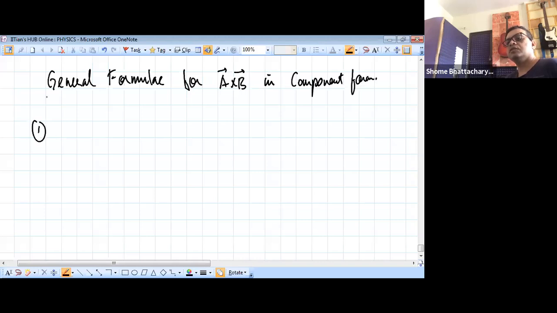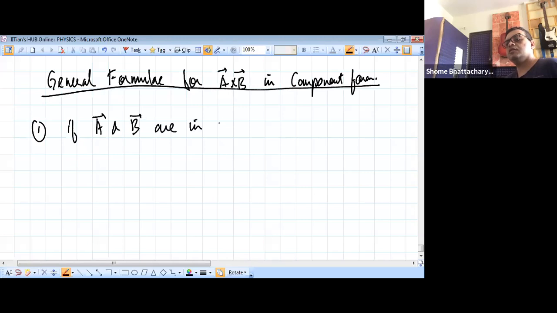So in this, the first thing we'll see is that if our vectors A and B are in the two-dimensional xy plane, then obviously your A cross B will either be along k cap or minus k cap. But how do we determine?